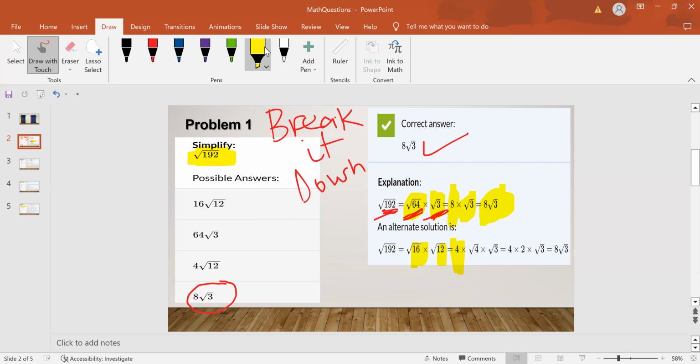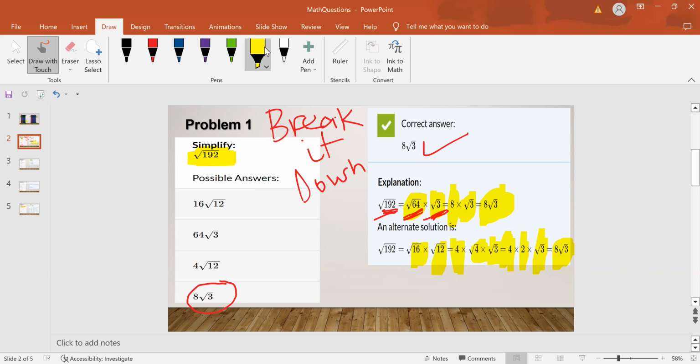And you have to understand that the square root of 12 is square root of 4 multiplied by square root of 3, because you break down the 12 also as 4 times 3, and that gives you now 4 times 2 times radical 3, and you get the same answer.